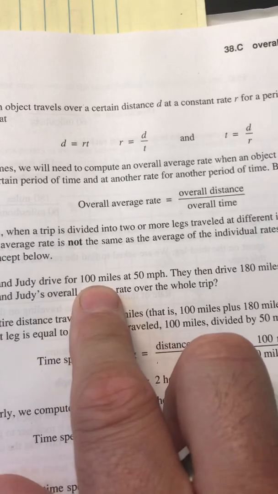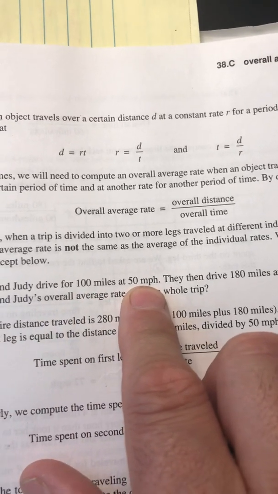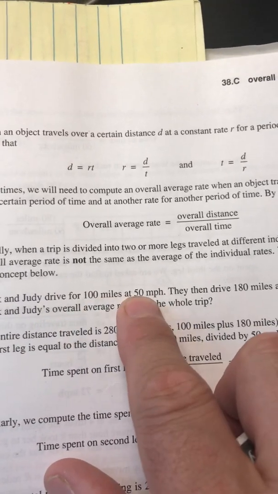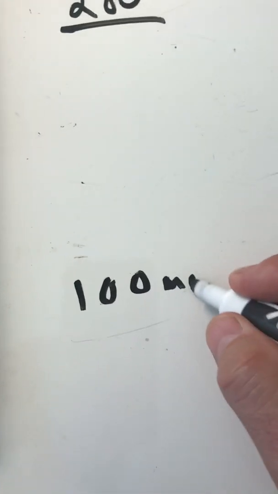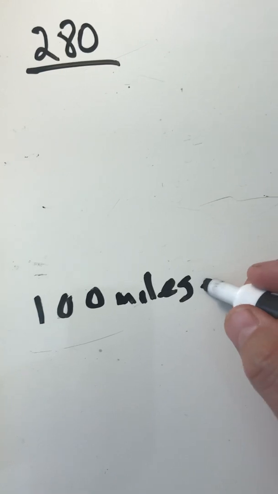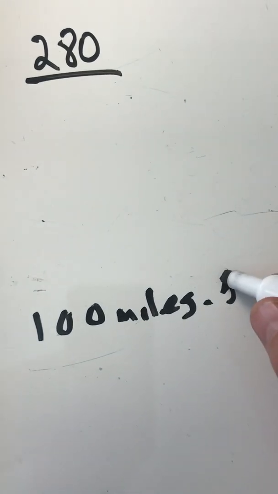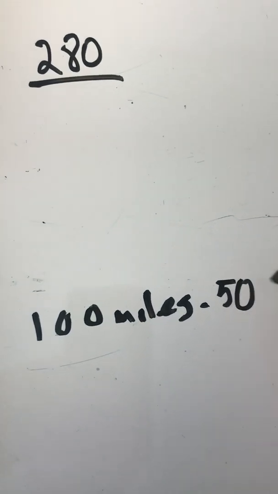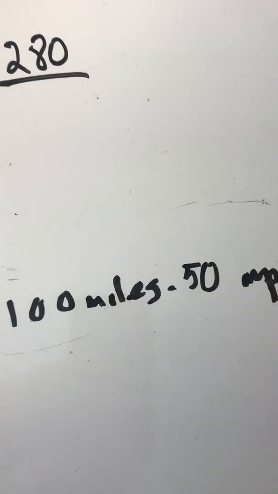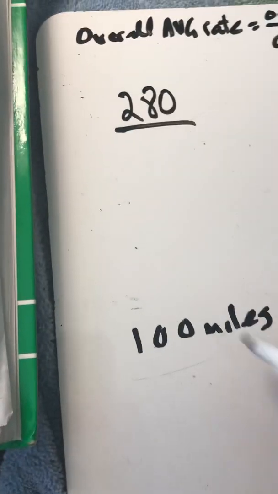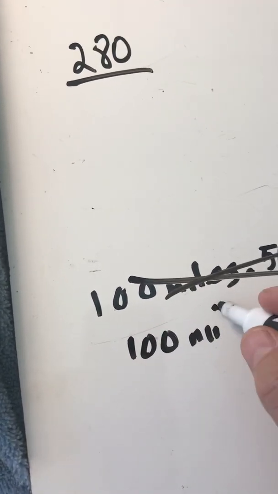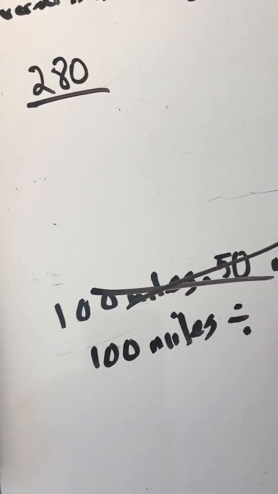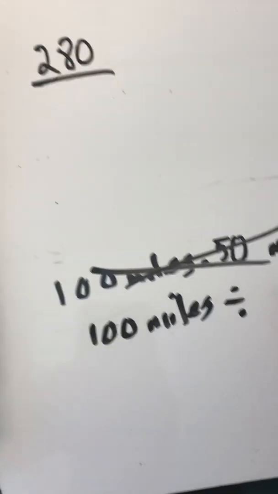Well, they went 100 miles at 50 miles per hour. How long did that take them? 100 miles, excuse me, not times, 100 miles divided by 50 miles per hour.